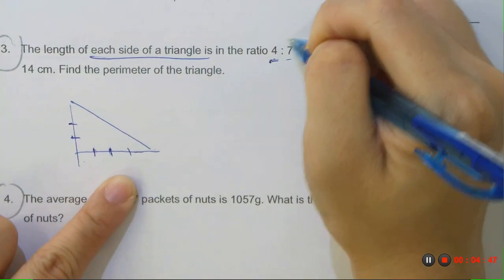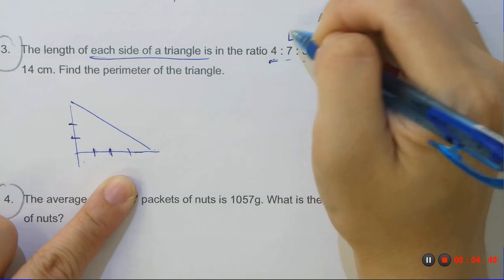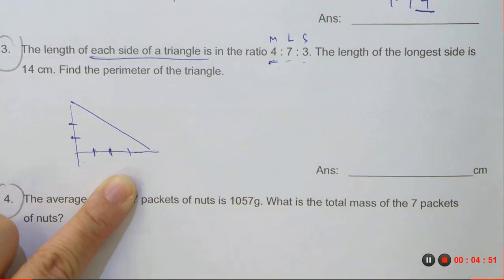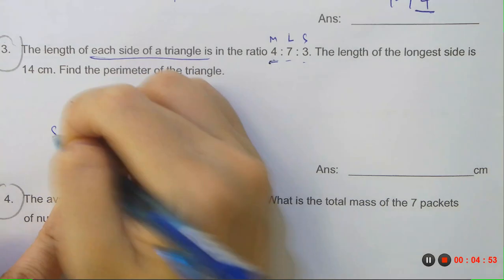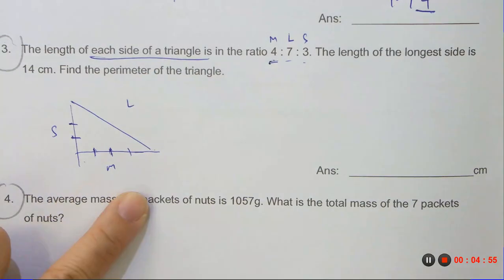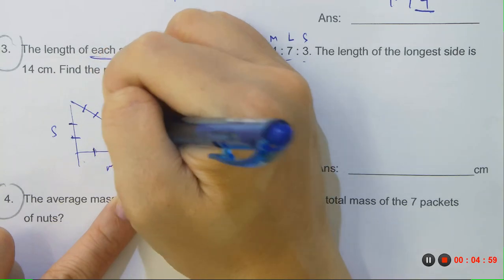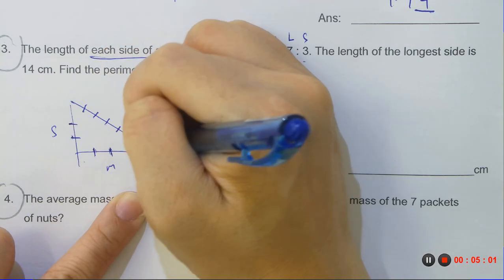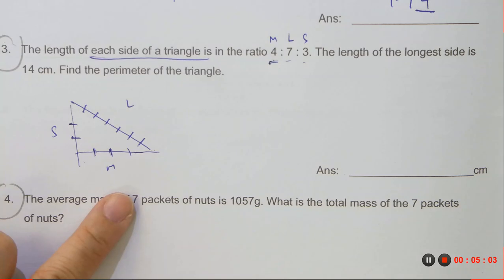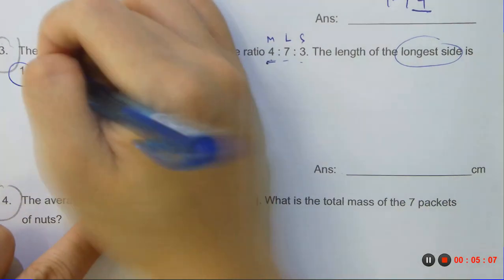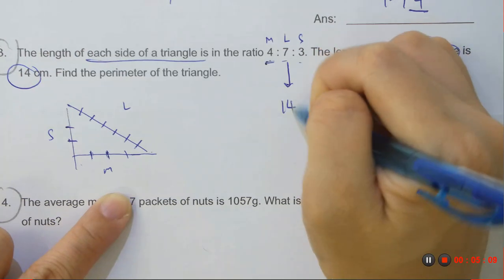So short side, medium side, long side. The long side is 7 units. The longest is 14.